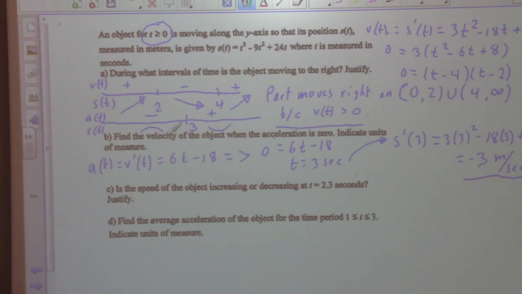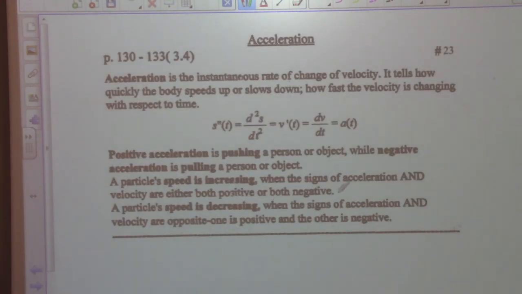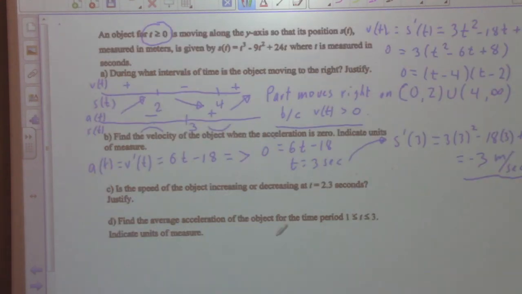Let's go look at our number line up here. Where do we see 2.3? Right here. What is our velocity, positive or negative? Negative. Is our acceleration positive or negative? Negative. So is the speed increasing or decreasing? It's increasing. A particle's speed is increasing when the signs of acceleration and velocity are either both positive or both negative.